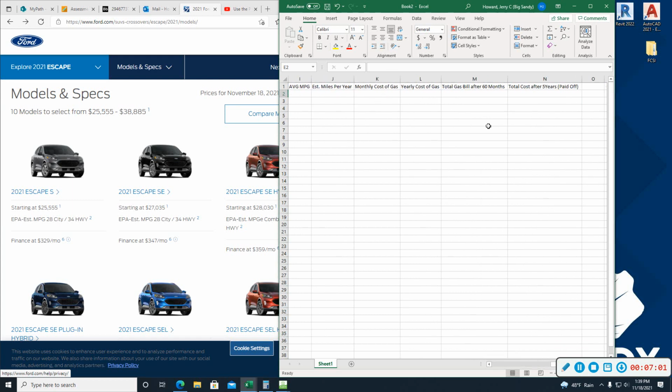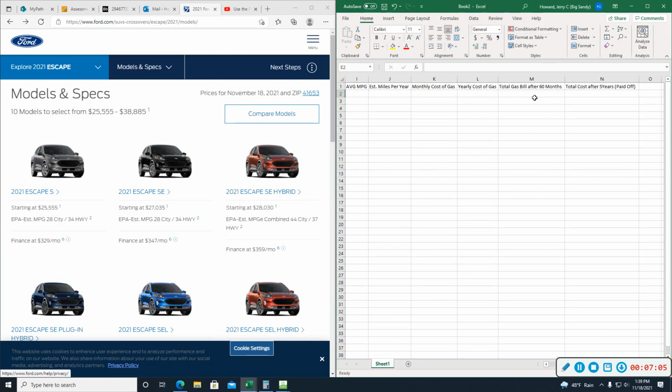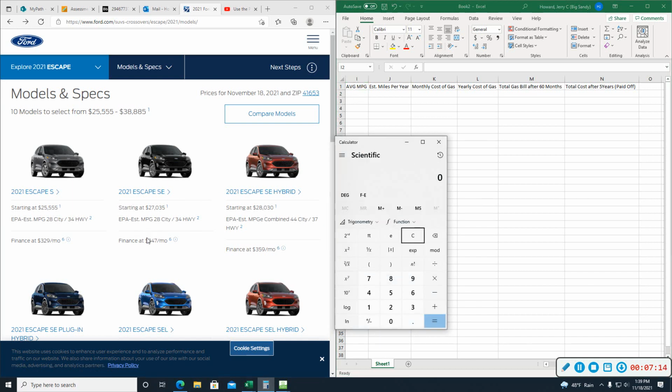We also can put the miles per gallon in here real quick, and then we got to do some formulas. Average miles per gallon, let's get us a calculator up here. You got 28 and 34, so I just take 28 plus 34 equals, and divide that by 2, and that gets us 31.